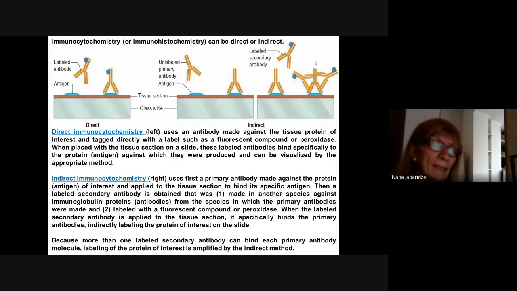This big amount of secondary antibodies, which bind to the primary one, amplifies the labeling of this antigen. That is why in some situations this indirect immunocytochemistry is more useful, more successful.